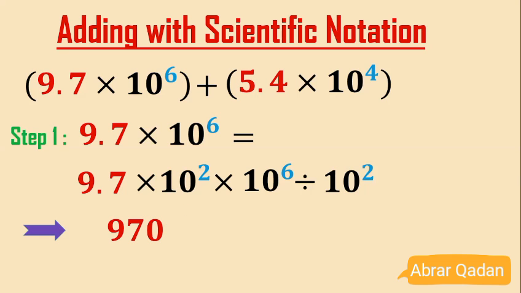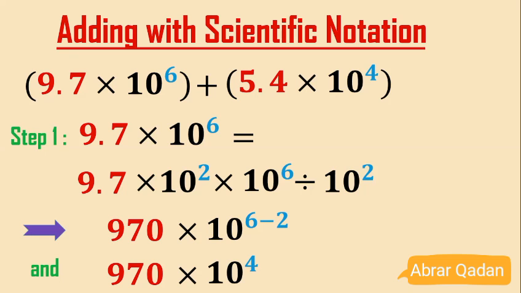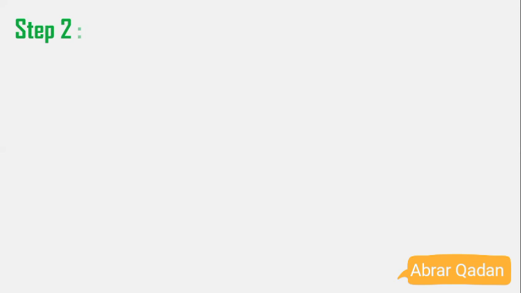So this will be 9.7 times 10 to the power 2 equals 970. And when we divide, as exponent rules say, we have to subtract them to get the answer 10 to the power 6 minus 2, and again 970 times 10 to the power 4.